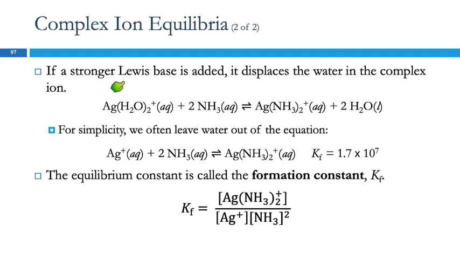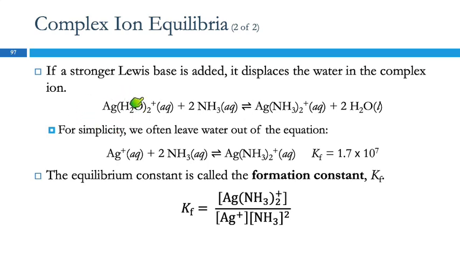If a stronger Lewis base comes along, it will displace the first one. So here we have silver with two water ligands, and if we add ammonia to that, ammonia is a stronger Lewis base than water is. And so it will take the place of water on that silver ion.